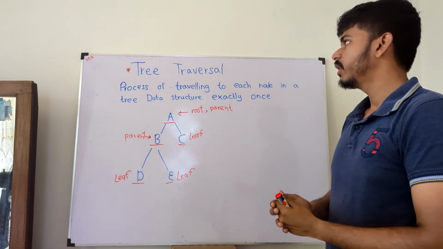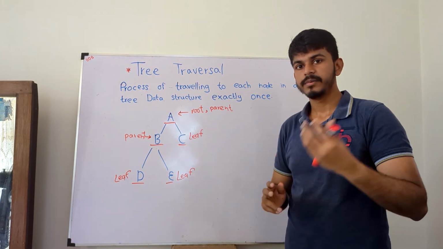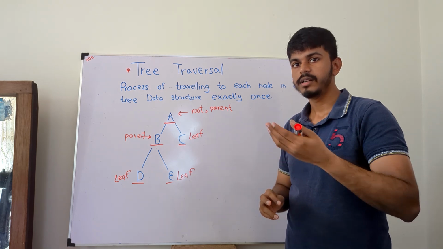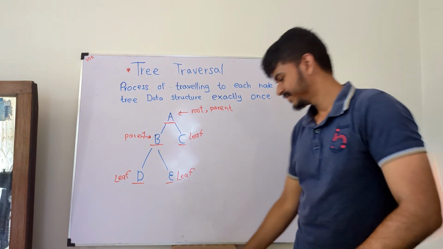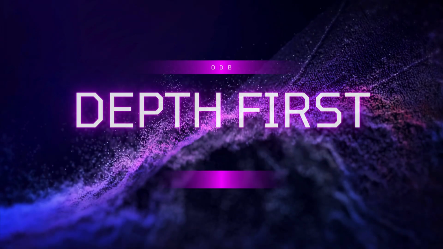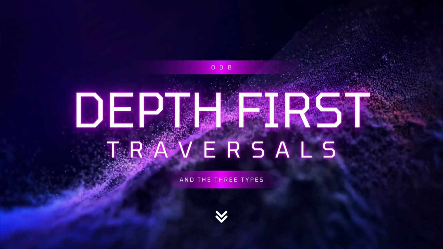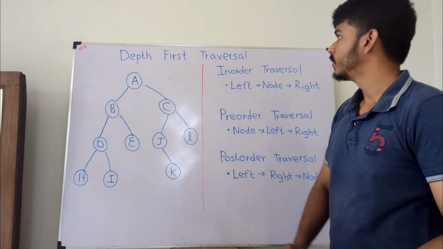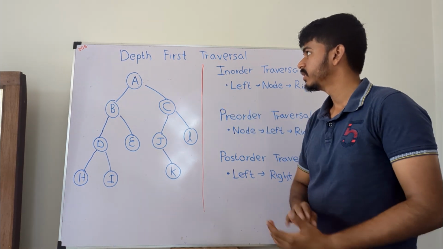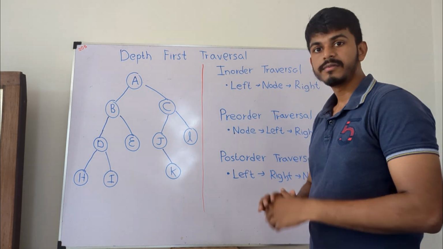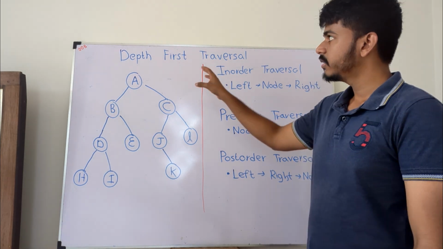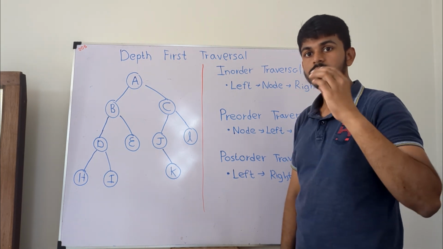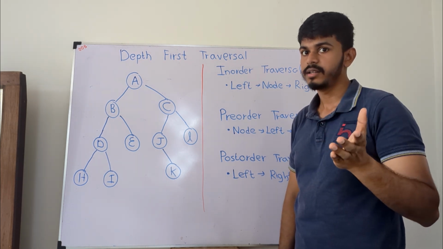Then we are going to be moving into depth first traversal and the three types of it. So now we are going to be talking about depth first traversal. In the depth first traversal, the algorithm goes as deep as possible along one branch before backtracking.